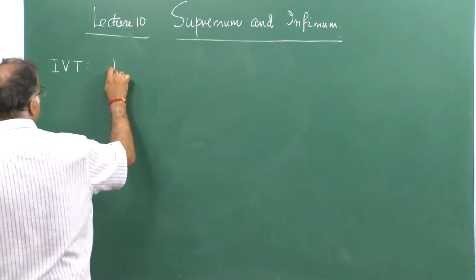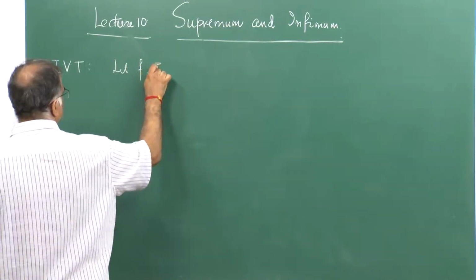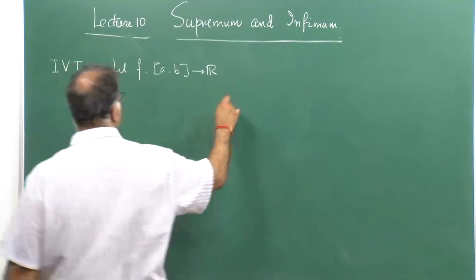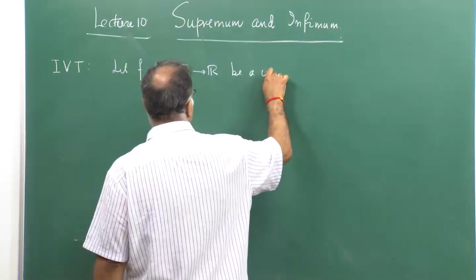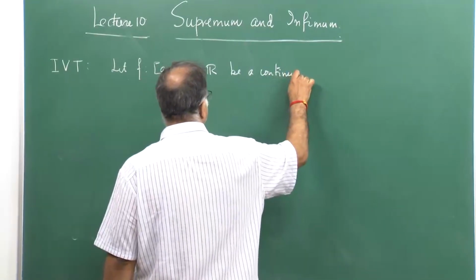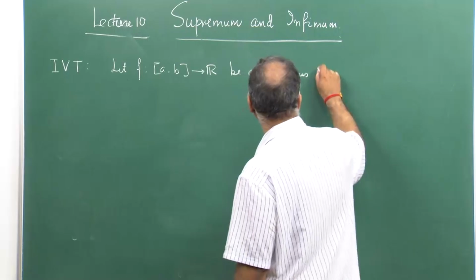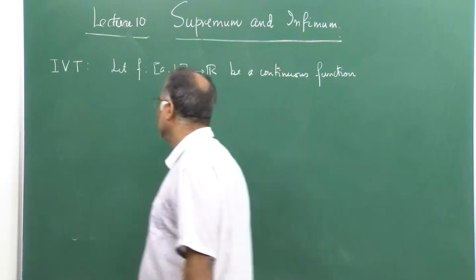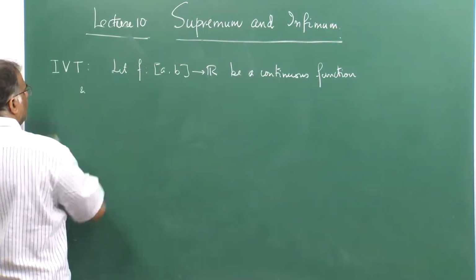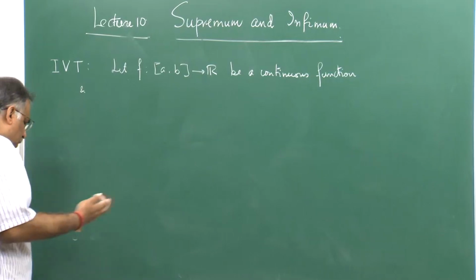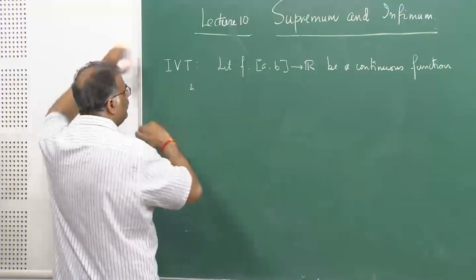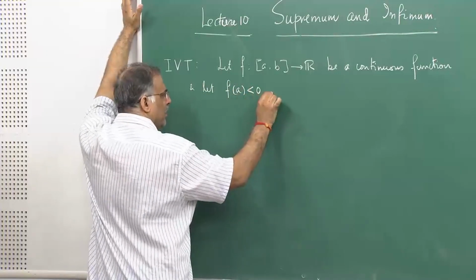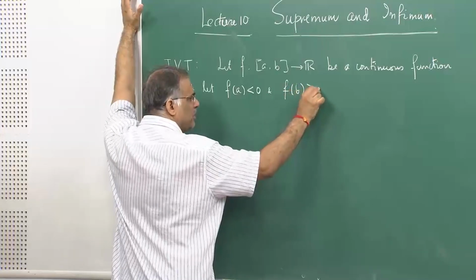Intermediate value theorem. Let f from a b to R be a continuous function, and let the product of f a and f b be negative, and just for the sake of it, let f a be negative and f b be positive.